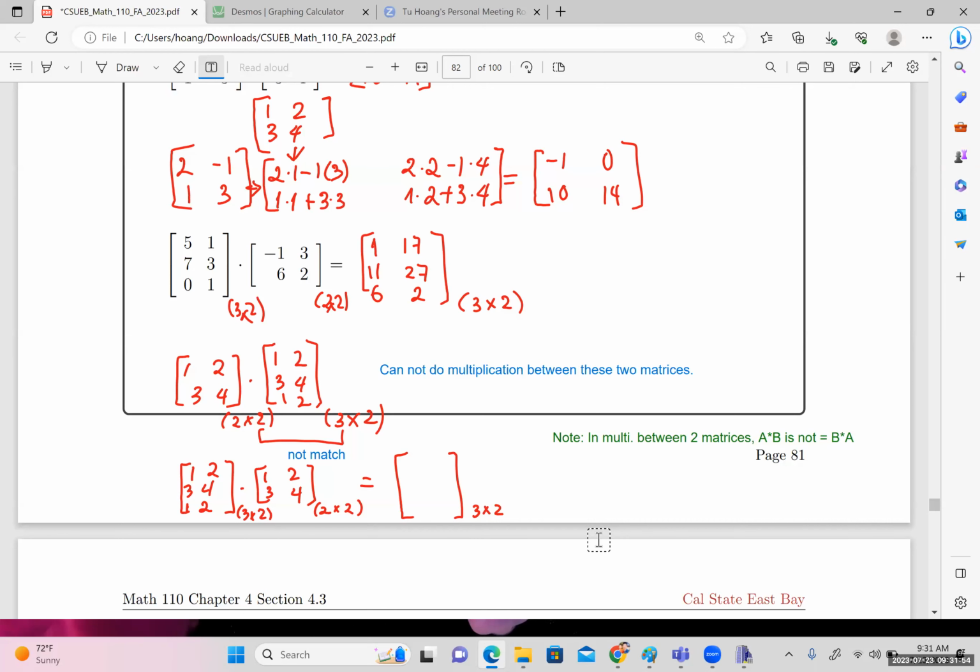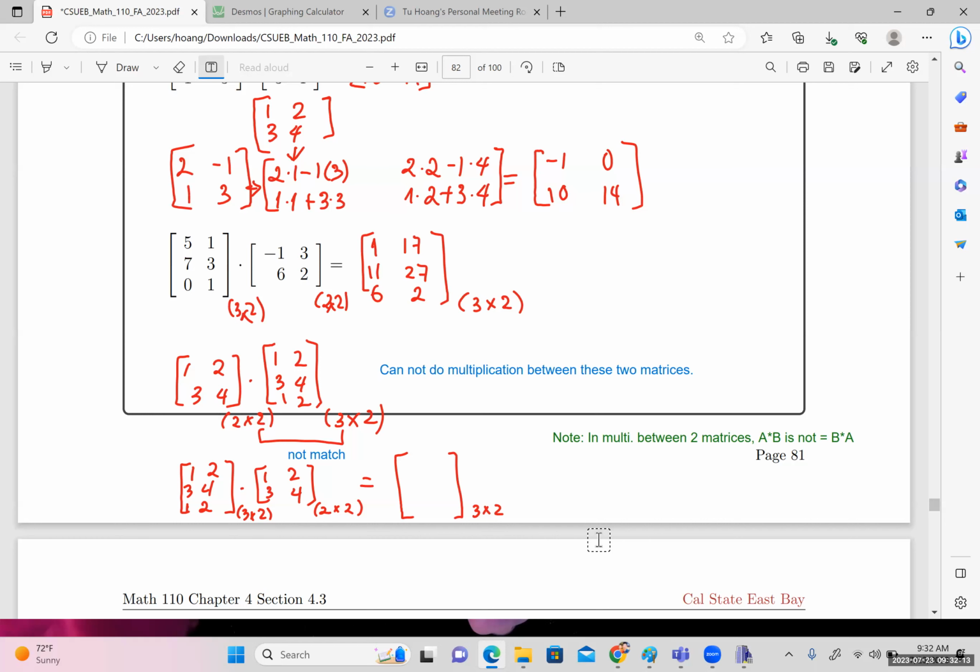So that's going to be it for multiplication between two matrices. However, sometimes it could be really challenging with multiplication between big matrices. How can we do that, right?